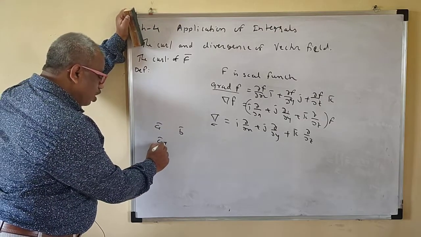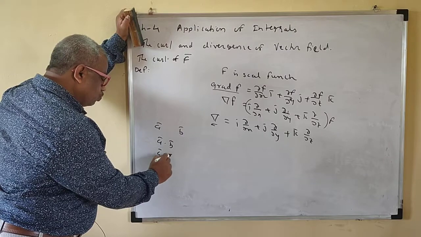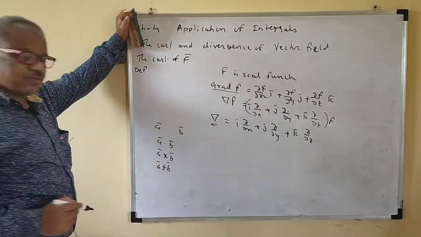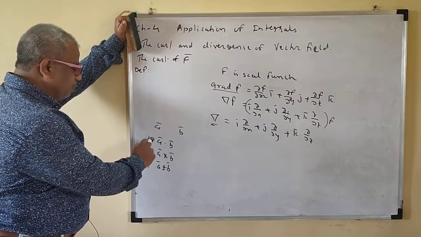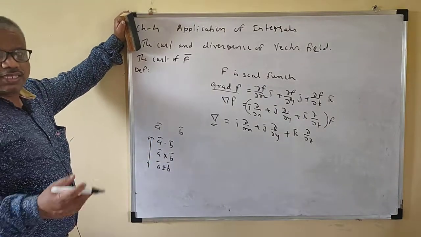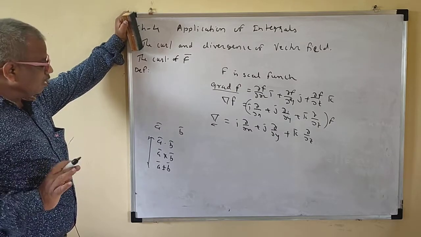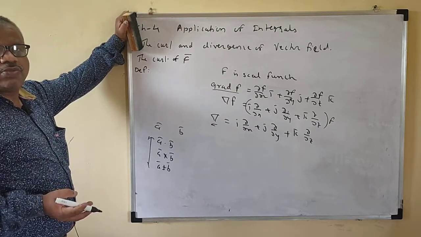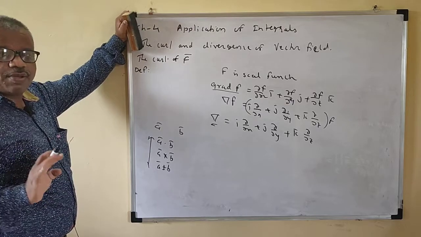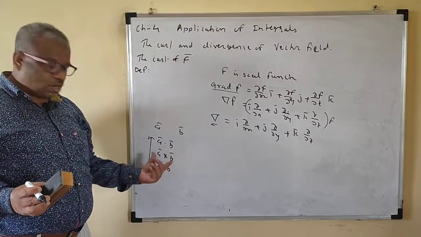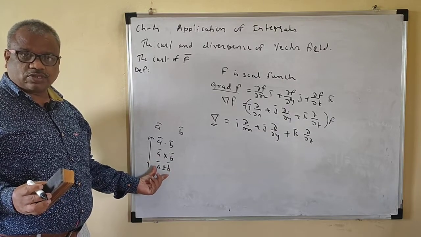Either you can find the dot product of the vectors, or the cross product, or the sum or difference of the vectors. Only these four fundamental operations are there, and the scalar multiple. Forget about the scalar multiple, that is one scalar and one vector. We are talking about two vectors. Two vectors, you can take the dot product, the cross product, or the sum or difference.